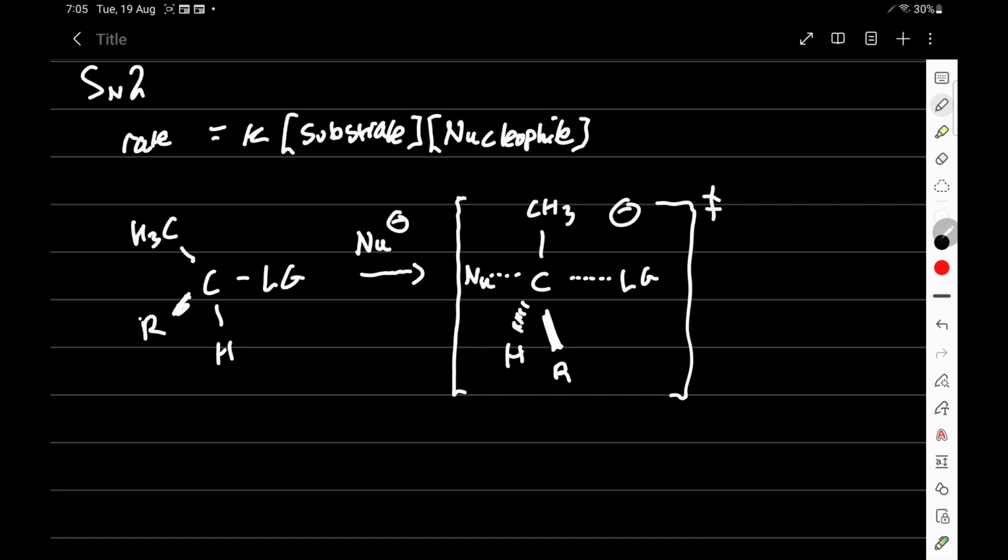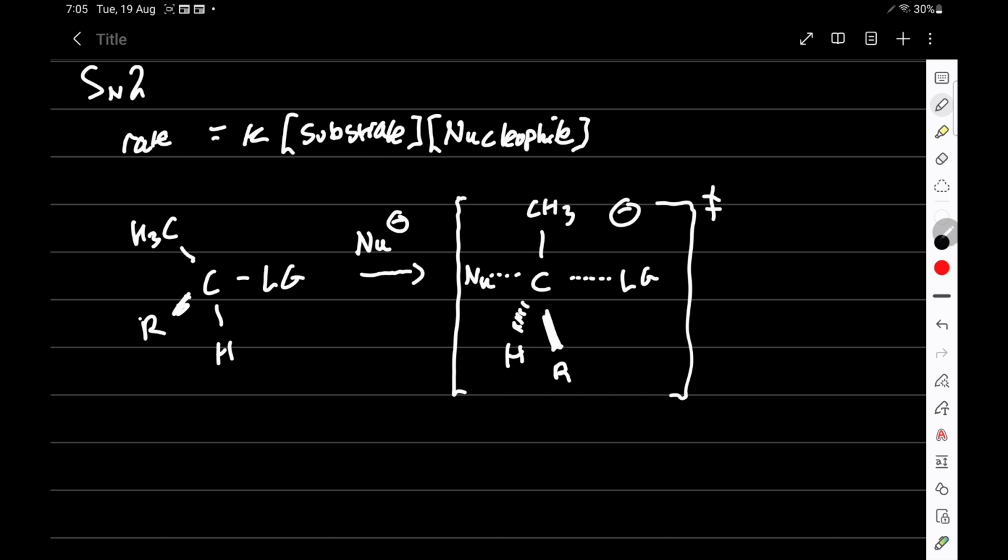Now, what these dashed lines mean are partial bonds that are being either formed or broken, and this shows us what happens during a transition state. A transition state is where bonds are being made and broken. The nucleophile is forming a bond with the carbon atom, and the leaving group is breaking its bond.